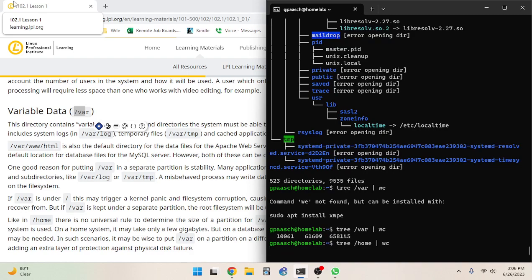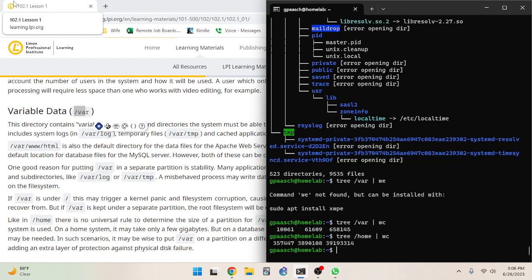as compared to, and it hasn't even finished running yet. Yeah, as compared to a number of files so great that you'd just sit and wait for this command to... okay, it did complete. As compared to 357,447 files.